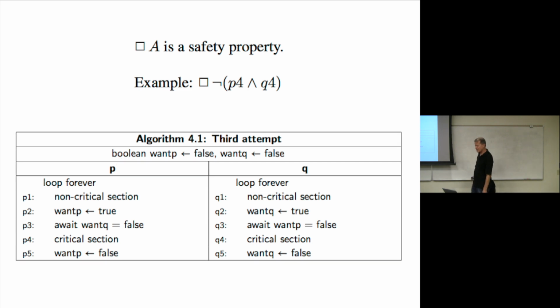And always is a safety property, because what do we want to say here? What did we prove last time? What was this expression, not P4 and Q4? What's P4 and Q4? They're always not in the critical section at the same time. Yeah, good. Always not in the critical section. Is everybody with me? So there's our mutual exclusion.